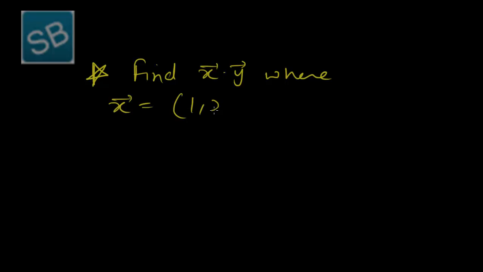Problem based on inner product. Find vector x dot y where vector x is equal to 1, 2, minus 1 and vector y is equal to minus 3, 4, minus 2.